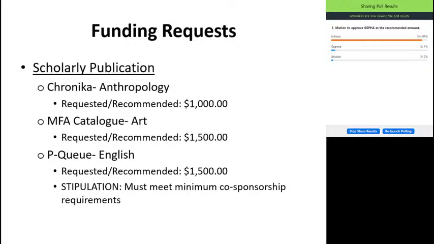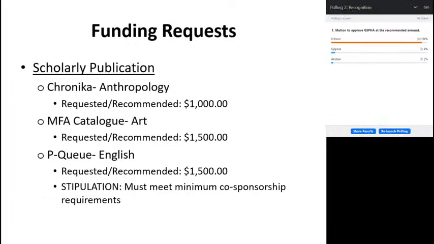All right. Does anybody have any other questions? All right. Maybe if we can get a motion to vote on them as a block at the recommended funding amount? All right, I see motion from GPSA and second from UBQ, so I will make that poll available.